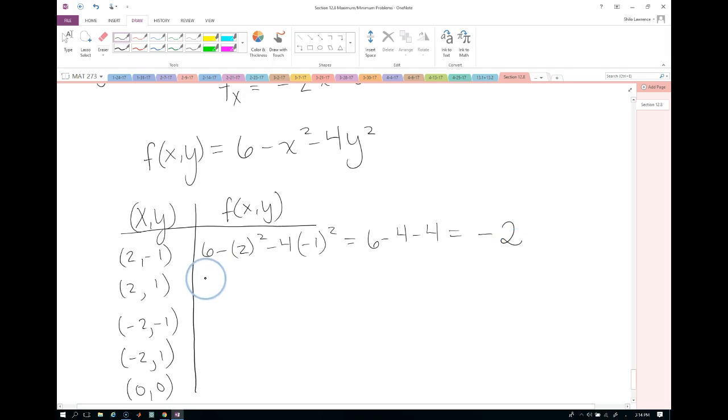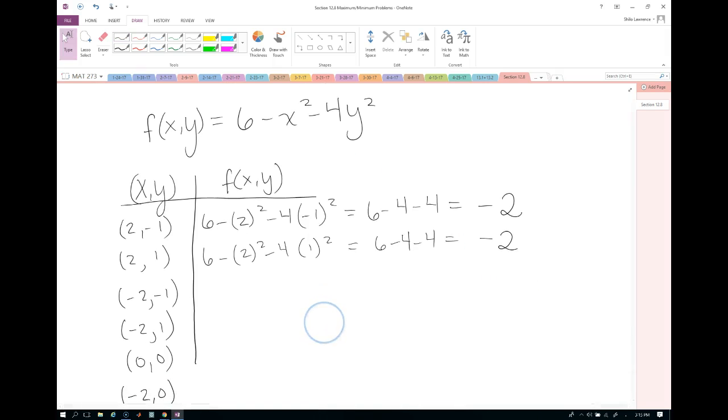If we check 2, 1, we're going to get the same thing. We get 6 minus 2 squared minus 4 times 1 squared, which is 6 minus 4 minus 4, which is -2. In fact, all of these corners are going to give us the same answer because our x and our y are squared in the original function.